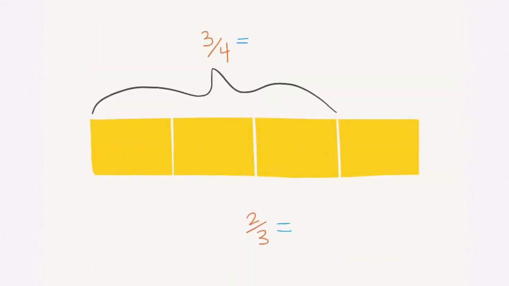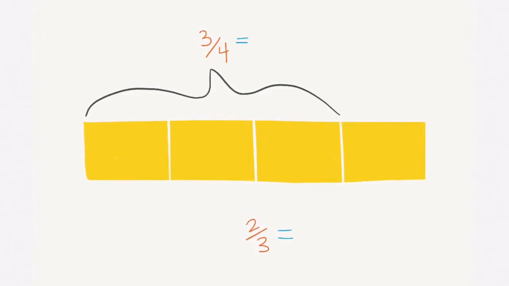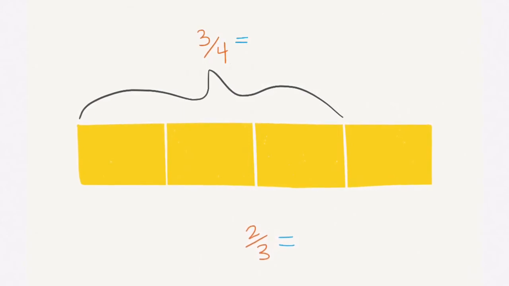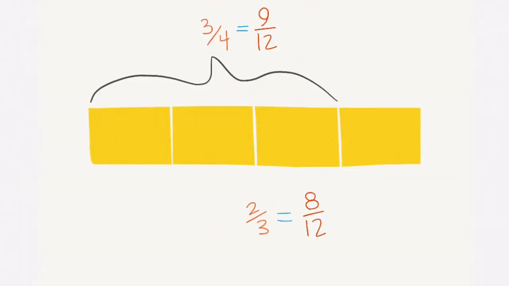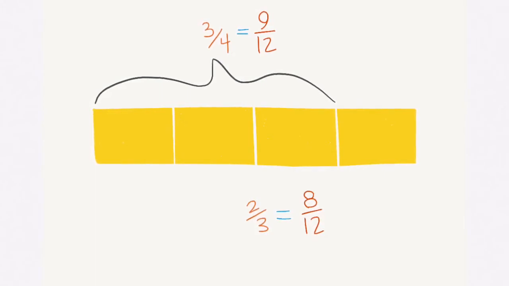Well, that's a problem because we don't see thirds, we see fourths. Can we somehow make both the 3/4 and the 2/3 have the same denominator? Yes, 4 and 3 are factors of 12, and so if we change both fractions to equivalent fractions with a denominator of 12, then we'll be okay.